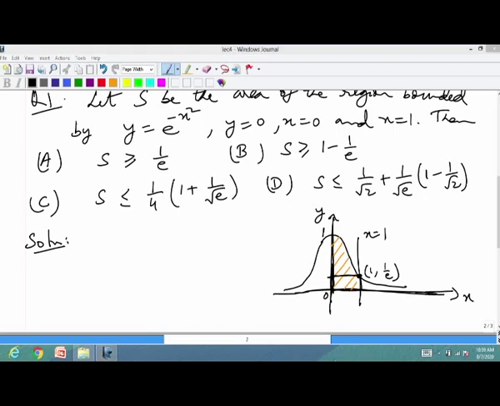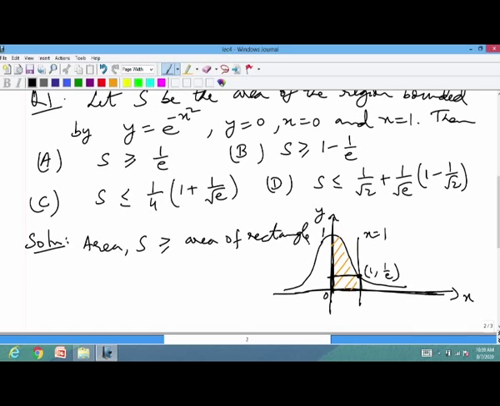So, area S is bigger than equal to the area of rectangle O, A, B, C, which is equal to 1 times 1 by e.